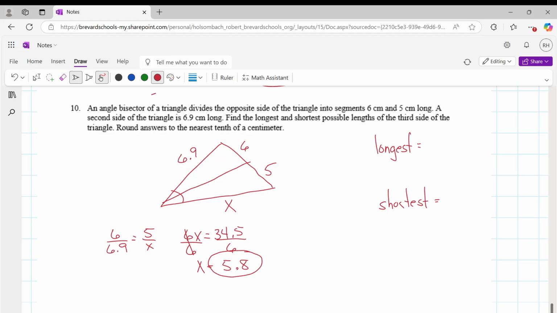Now we're going to do the problem again. But we're going to switch the 6.9 to this side. And we're going to put the x up with the 6. And now we're going to rewrite a proportion and solve it. So we're going to do 6 over the x and make it equal to 5 over the 6.9.